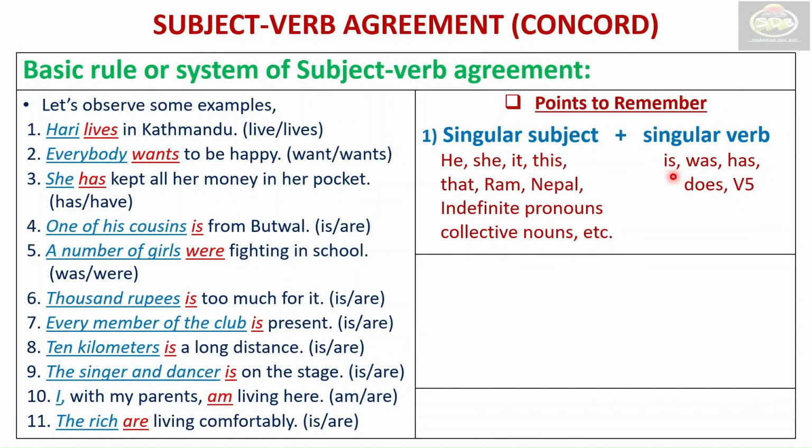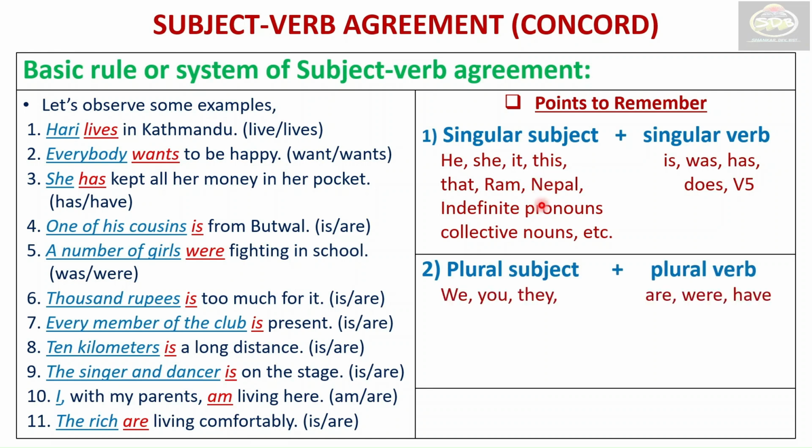This is be verb, and the past form of be verb is was, where was is singular. This is the first rule. If these type of subjects are there, we have to use these verbs with them.